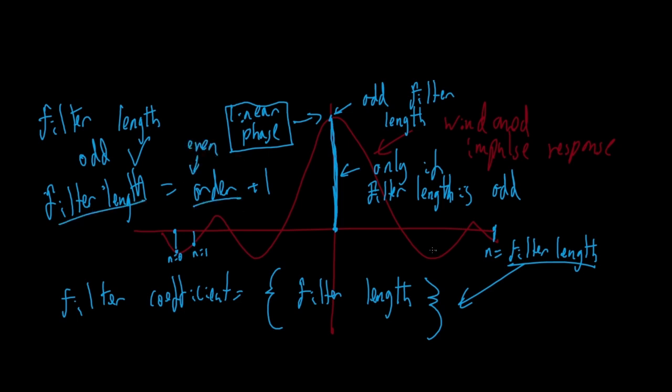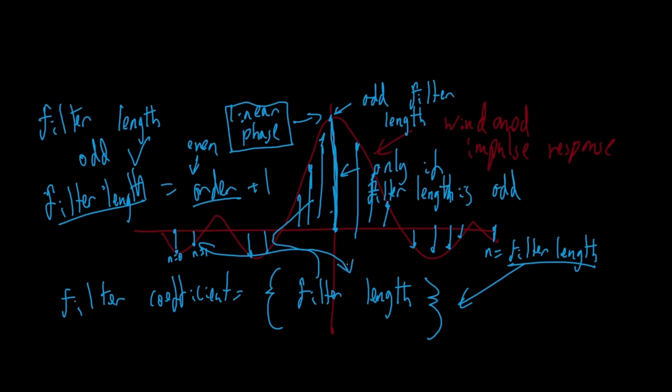Remember, filter coefficients are an array that a computer stores, full of all these coefficients. It's symmetric, so it goes both ways. All these blue lines you see here are the filter coefficients, and we store them in this array called the filter coefficients array.